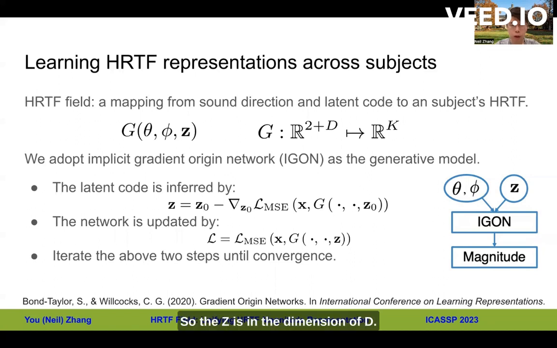Z is of dimension D, so the mapping we learn is from dimension 2 plus D to K, where K is the number of frequency bins. And the generative model we use here is the implicit gradient origin network. The training pipeline is shown as follows, where the latent code and the network are jointly learned.